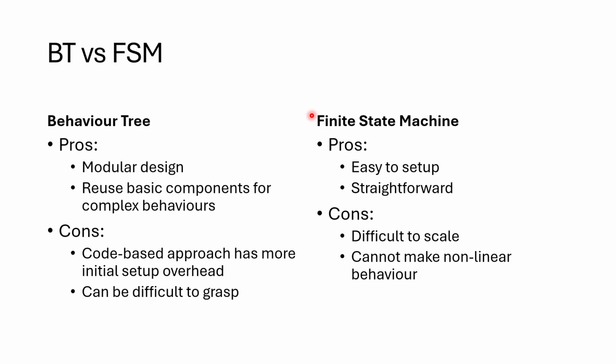Obviously, there are cons to the behavior tree as well, right? The con is that if you want to do a pure code-based approach, you don't want to use any sort of library that provides you with visual scripting or even some kind of code-based scripting approach for behavior trees, and you want to write the library from scratch yourself, it will give you a lot of headache because it's quite difficult to implement.